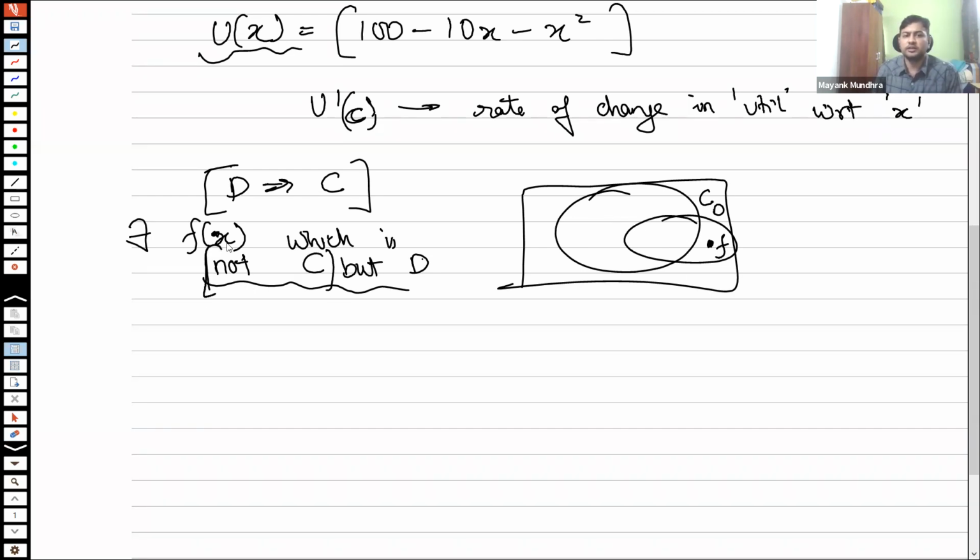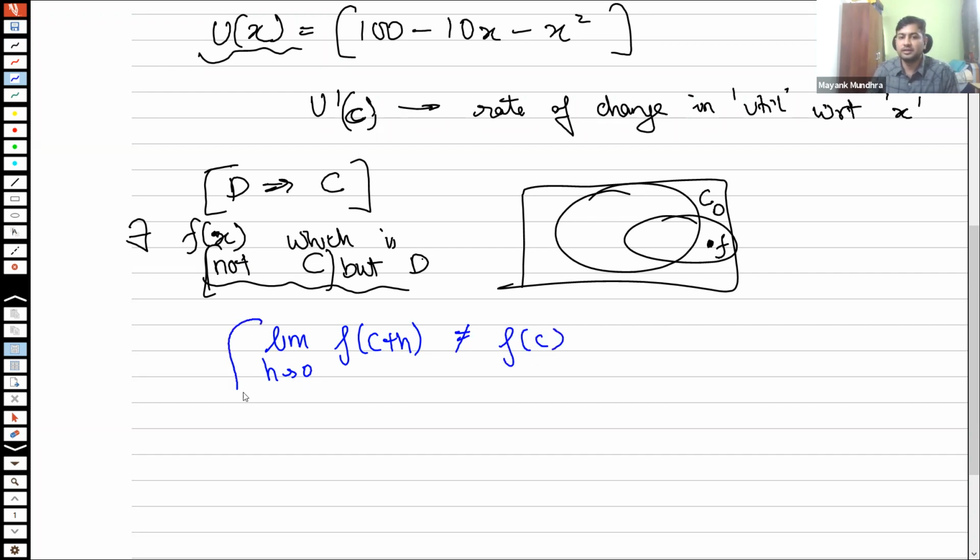If it is not continuous, then I can be sure that the limit as h tends to 0 of f of c plus h cannot be equal to f of c.